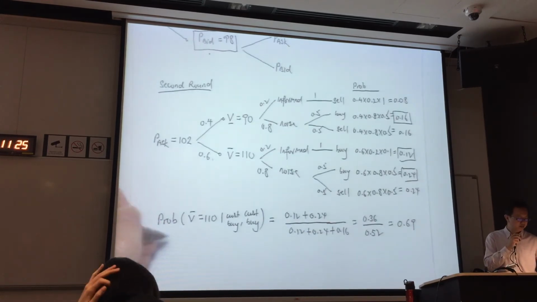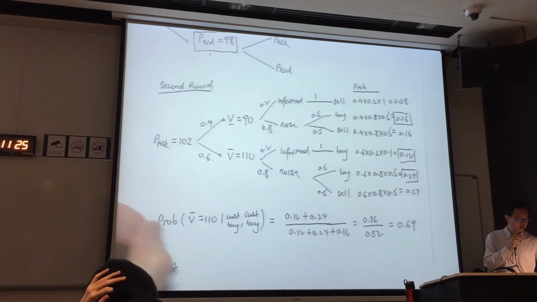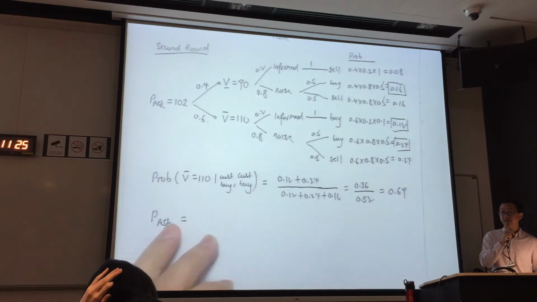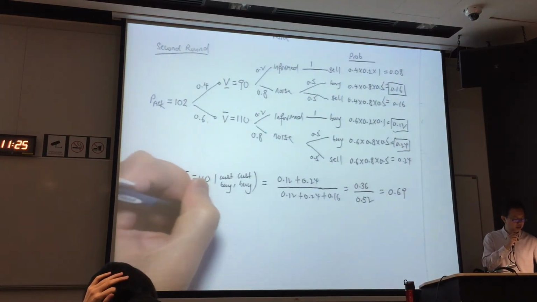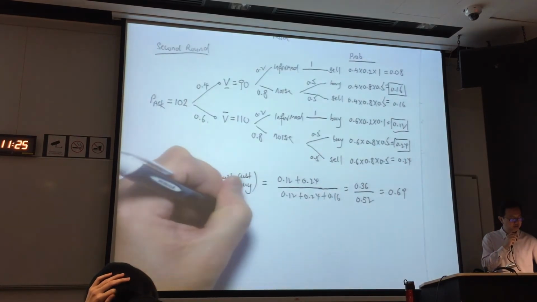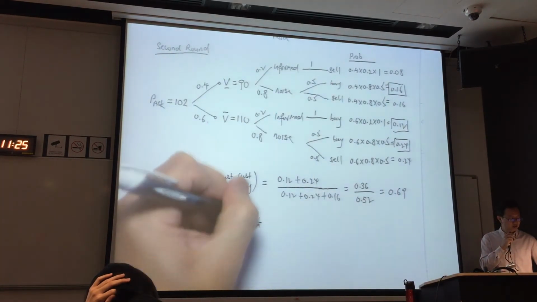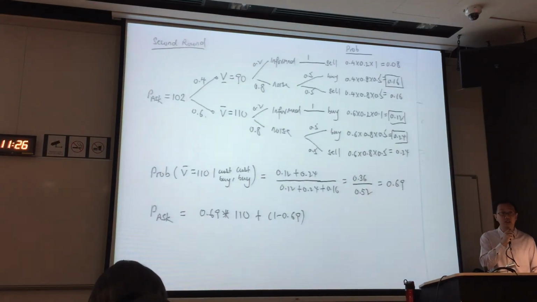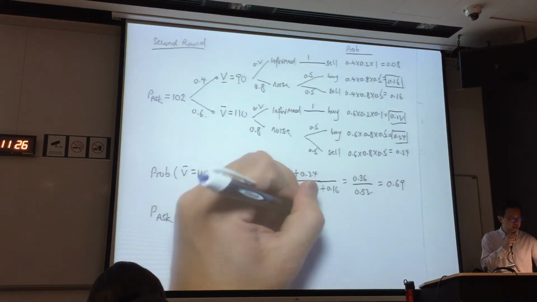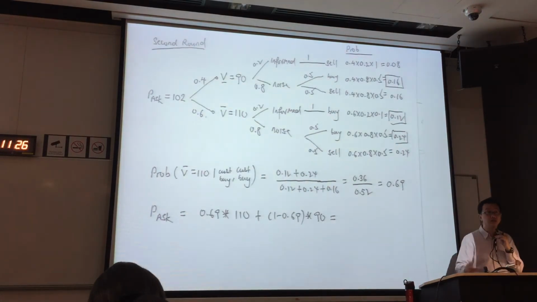So what do you expect will be the price set by the market maker? The ask price in the second round. Okay, very easy, right? This is 0.69 multiplied by the value of 110. Then the remaining probability is 1 minus 0.69, which gives you 0.31. Then multiplied by the value of 90.